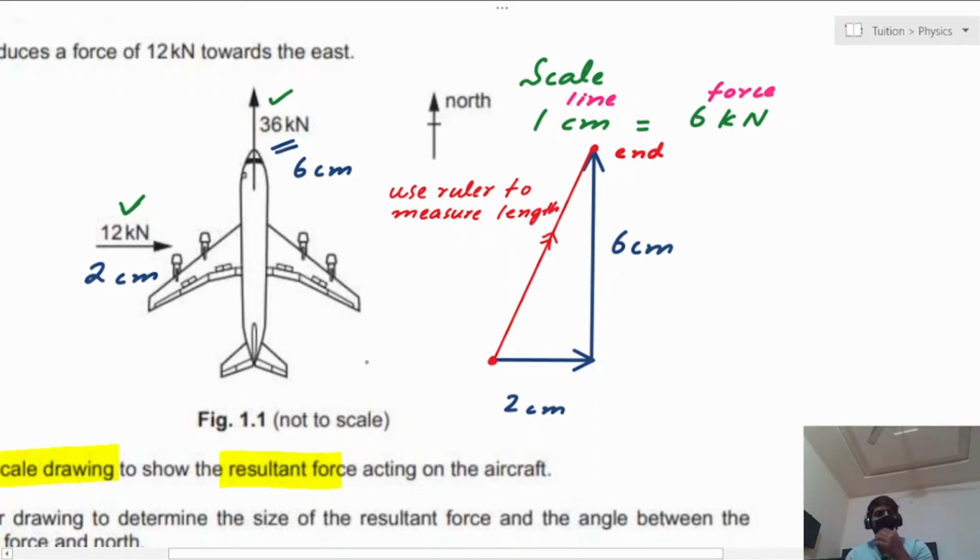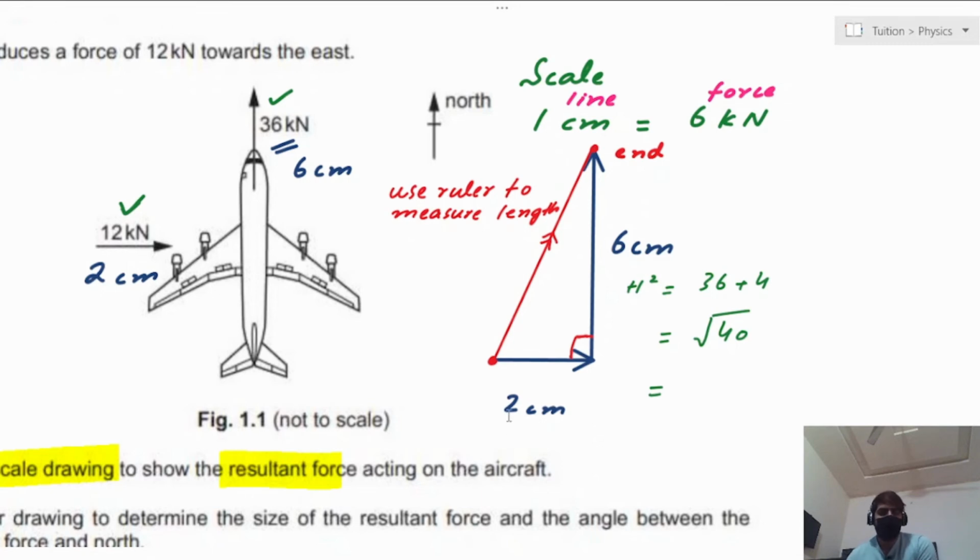The alternate method is, you see this is a right angle triangle, and you can use the Pythagoras theorem, and that would give you the length of this red line, which in that triangle is the hypotenuse. So the resultant, the red line, is your hypotenuse, and that equals the square root of perpendicular squared, 36, plus base squared, 4, which would be the square root of 40.